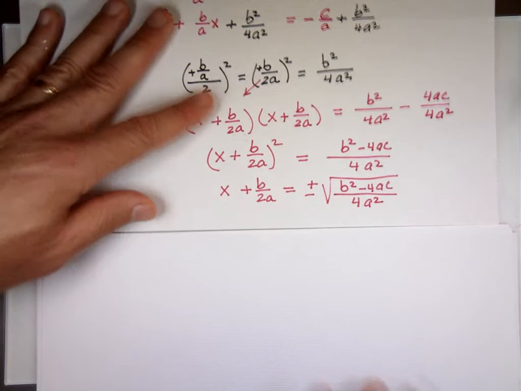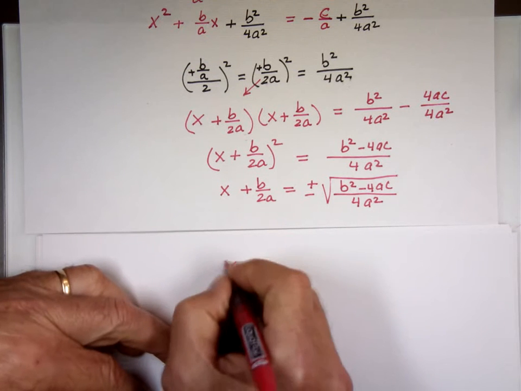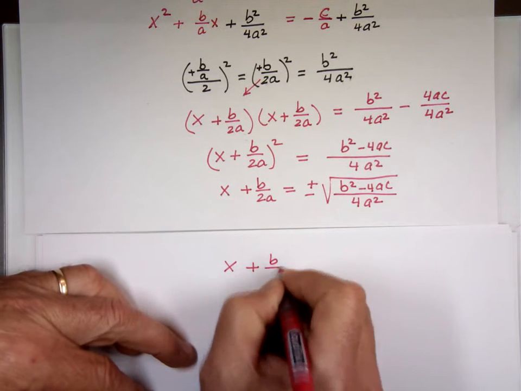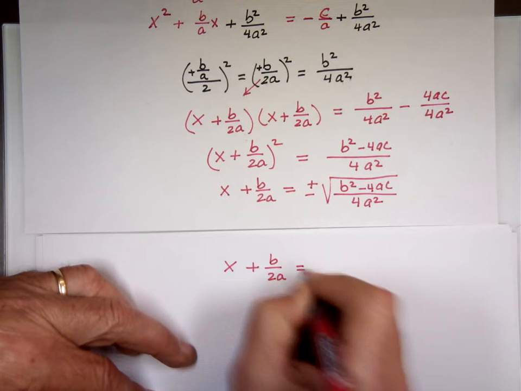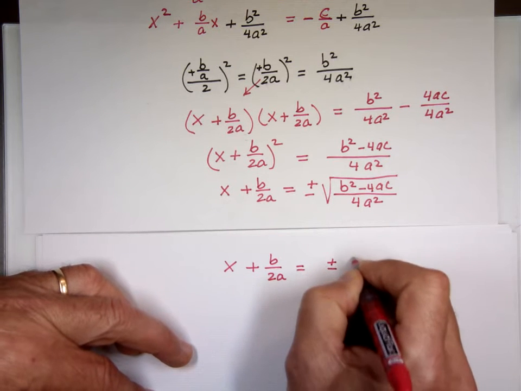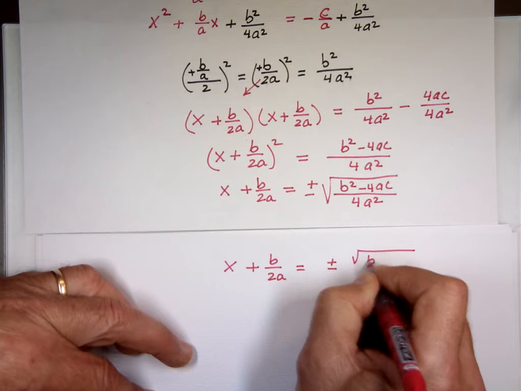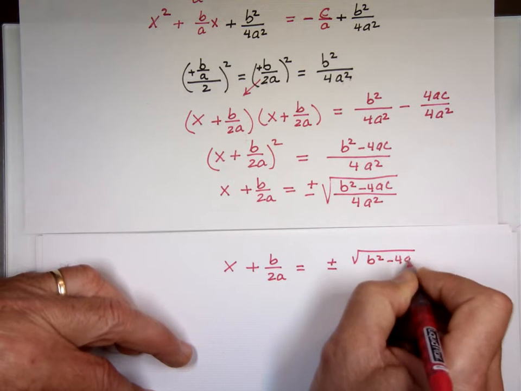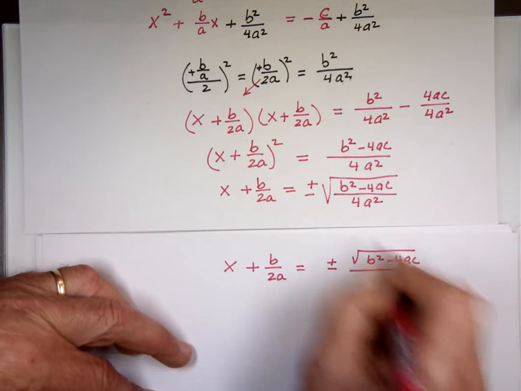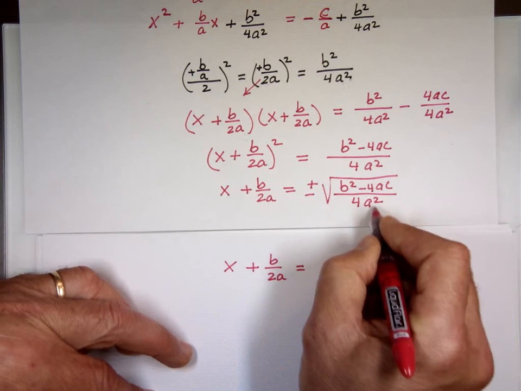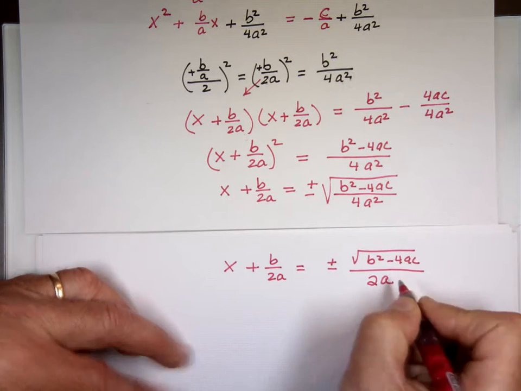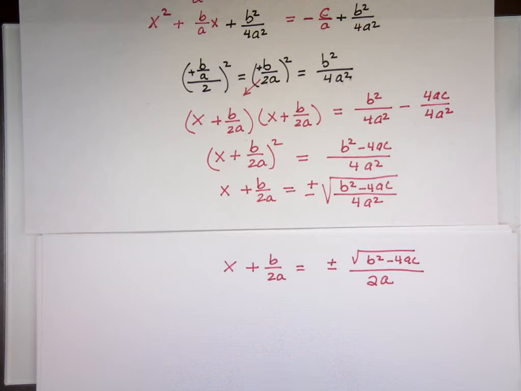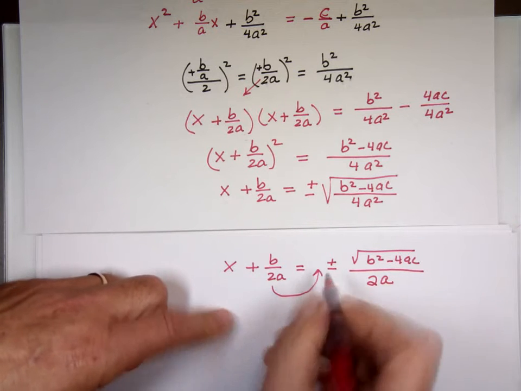Simplify the math. Plus or minus the square root of this, which is b squared minus 4ac. The square root of 4 is 2. The square root of a squared is a. Move this one to this side, becomes a negative.